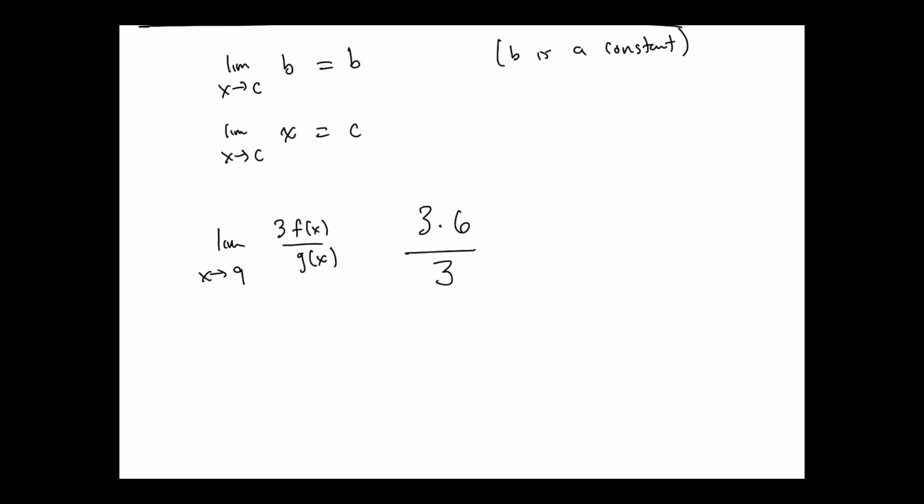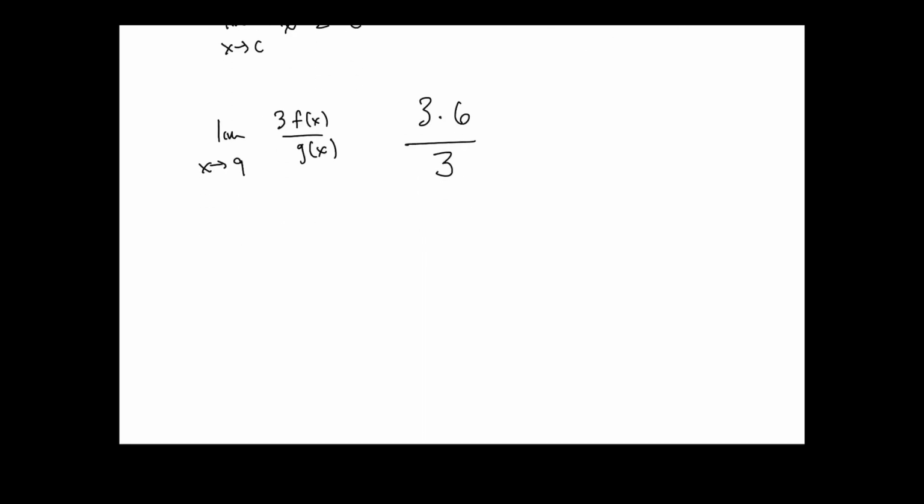All right, so let's continue. Look at C there. C looks a little bit more complicated. So what are we going to do there? x is approaching 9, and the thing we're taking the limit of is f minus 2g all over g. How are we going to build up the answer here? Let me write that down.